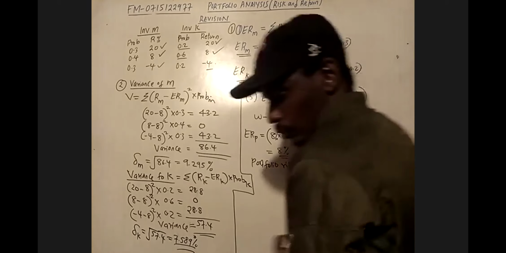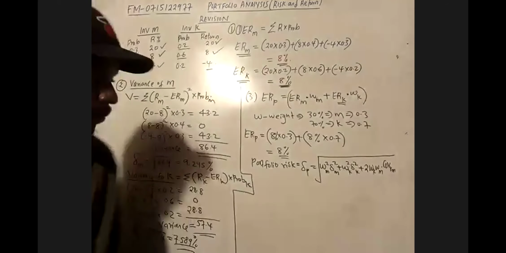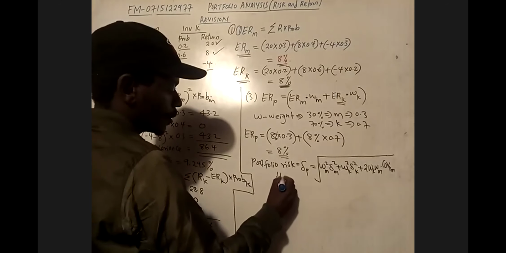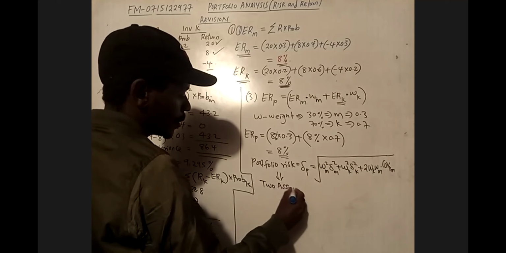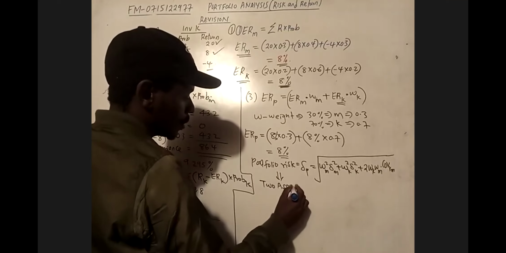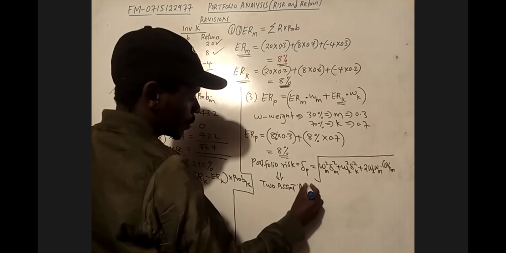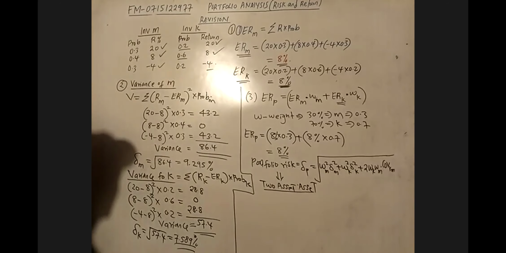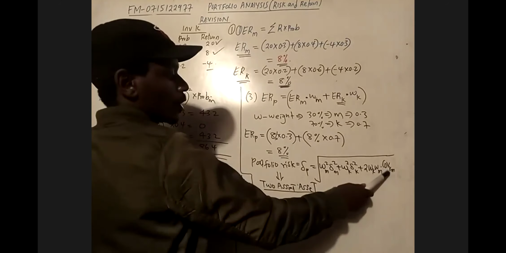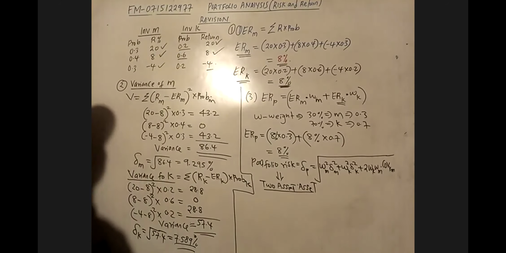That's how you use it. This formula is called the two asset method. Now in this case, we cannot do this question because we cannot find the covariance. We cannot find the covariance because we have two different probabilities.